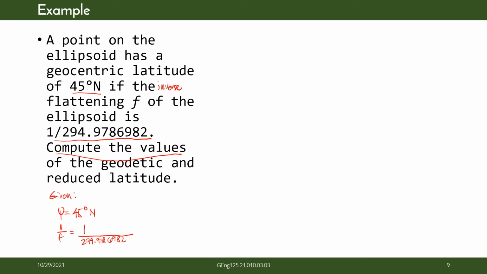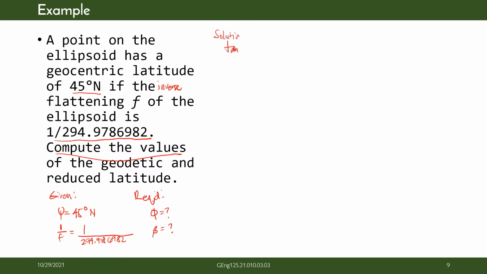So we are required to determine the geodetic and your reduced latitude. We write down first the formula.